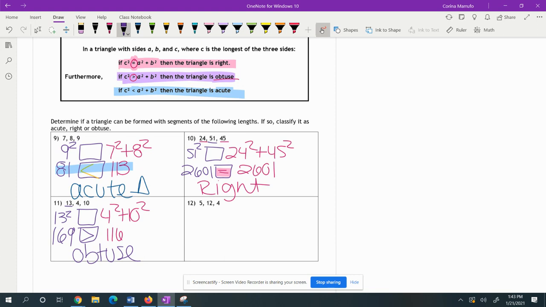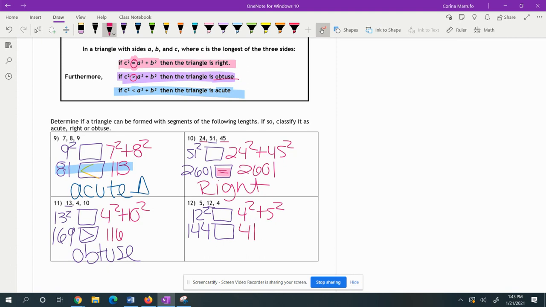And the last one, here we have 5, 12, and 4. We do the exact same thing. The biggest side is 12, so we do 12 squared, which is 144, and we look for the sign in between. Then a squared plus b squared, so 4 squared plus 5 squared, gives us 41.